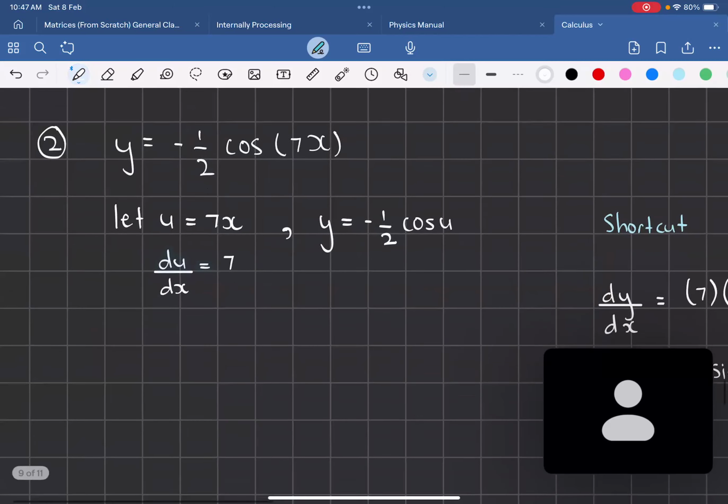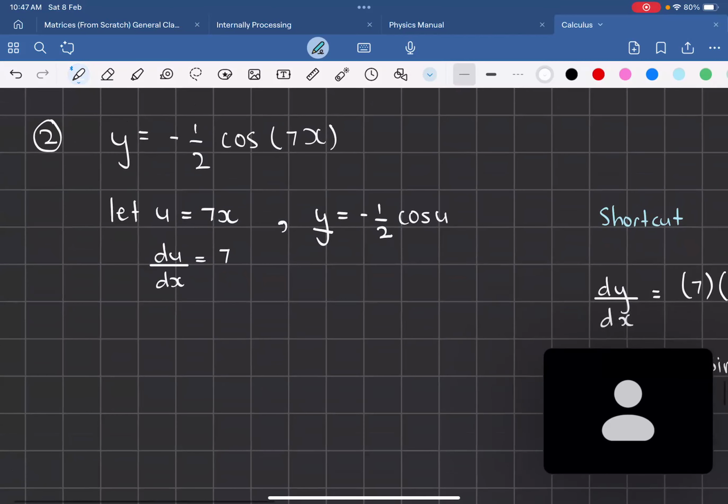7. Now look carefully over here. This one is y and this one is u, so y is in terms of u. How are we going to write that? dy over du. And if I differentiate minus a half cos u, how am I going to work it out?